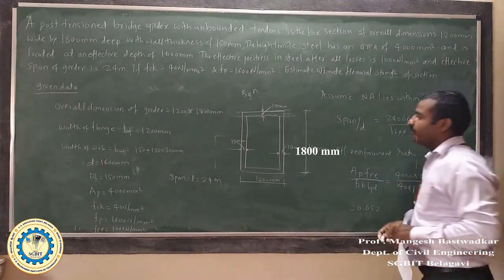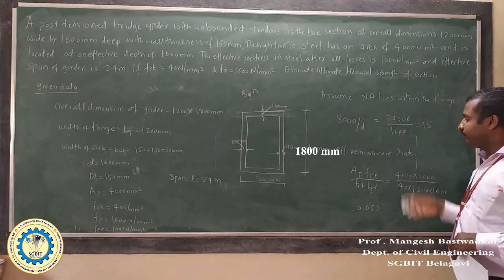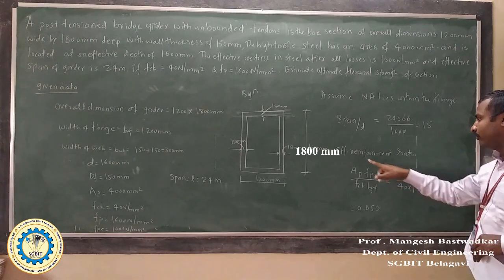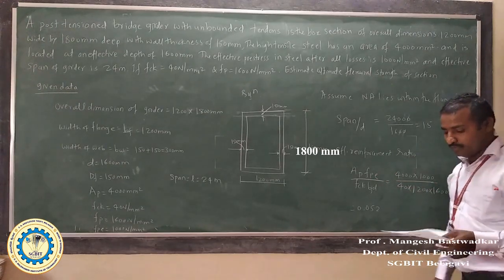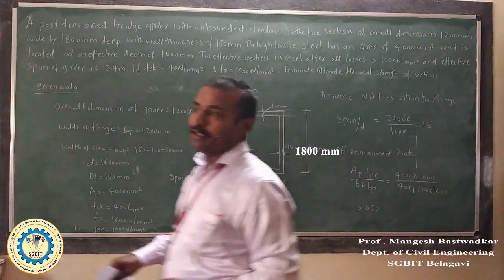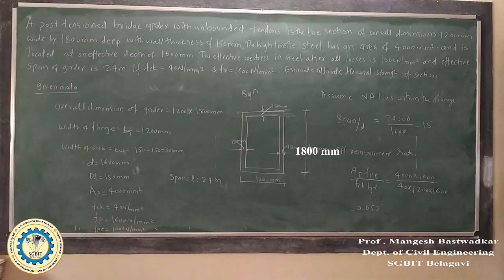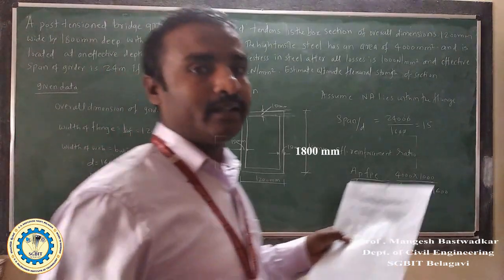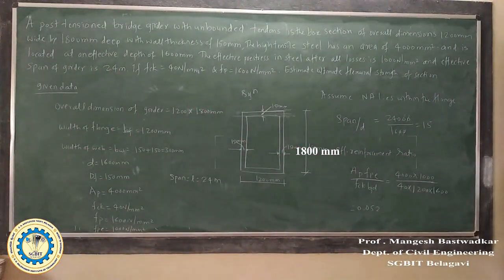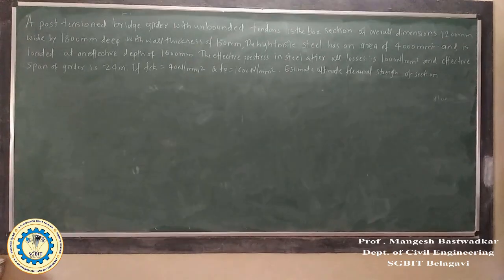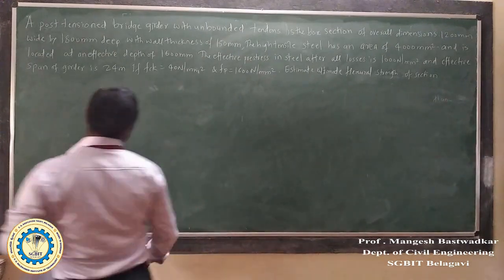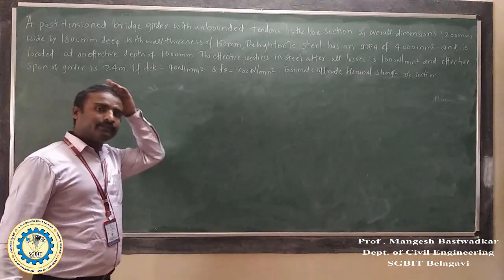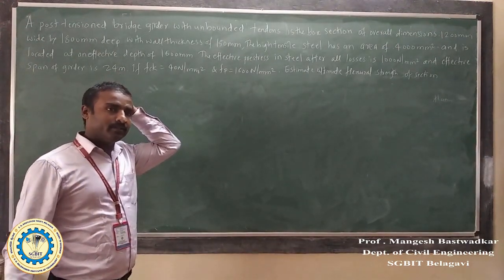So we will get this value as 0.052. So based on the span by depth ratio and effective reinforcement ratio, we will obtain the value of FPU by FPE from table number 12 of IS 1343. Here we have to check whether the depth of neutral axis lies within the flange or not.